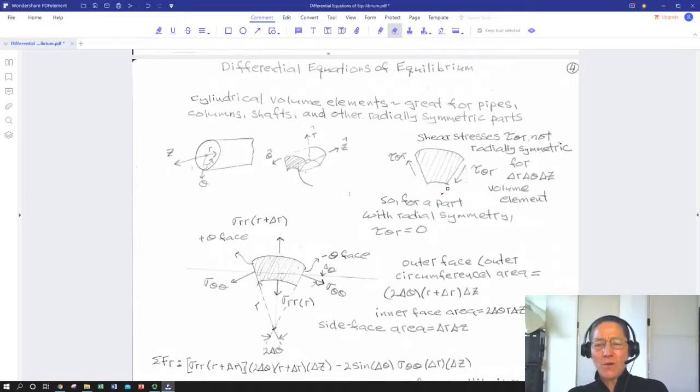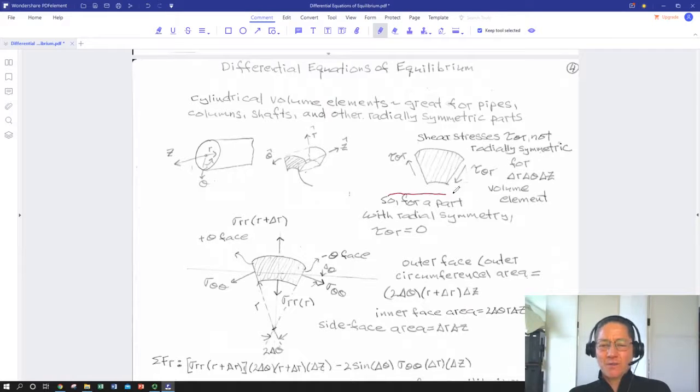So what we conclude, this is a little bit of a jump, we say, because the shear stresses aren't radially symmetric, but the part is, if we're going to have the part be in static equilibrium, those just kind of have to be zero, or we're going to end up with something being non-zero and we're going to end up accelerating.